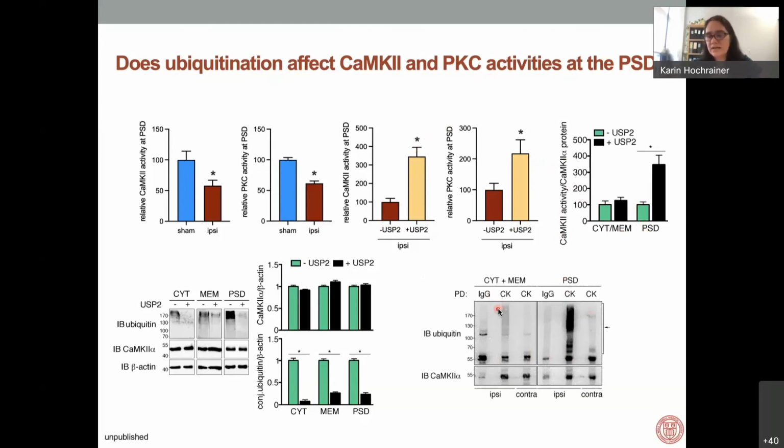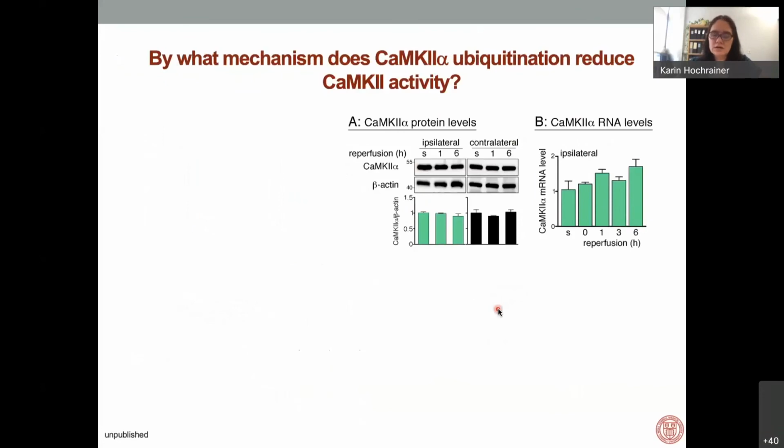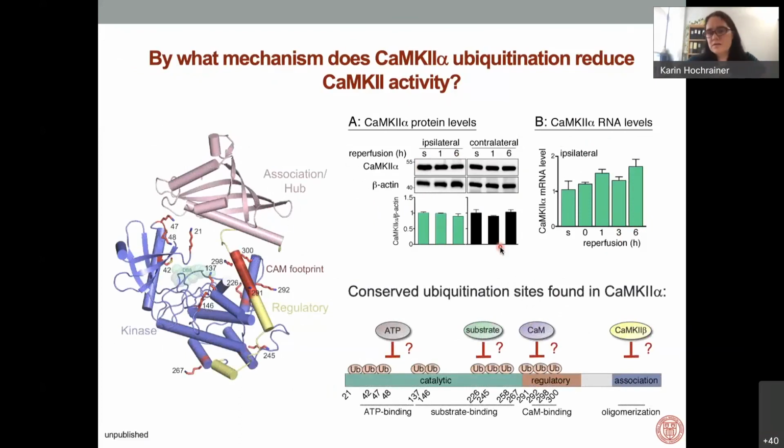So since CaM kinase dysregulation has been shown to impact neuronal death, we decided to look further into that and ask the question, by what mechanism is it possible that ubiquitination regulates activity? Not surprisingly, we didn't find any effect on CaM kinase protein levels. So there has to be something else going on.